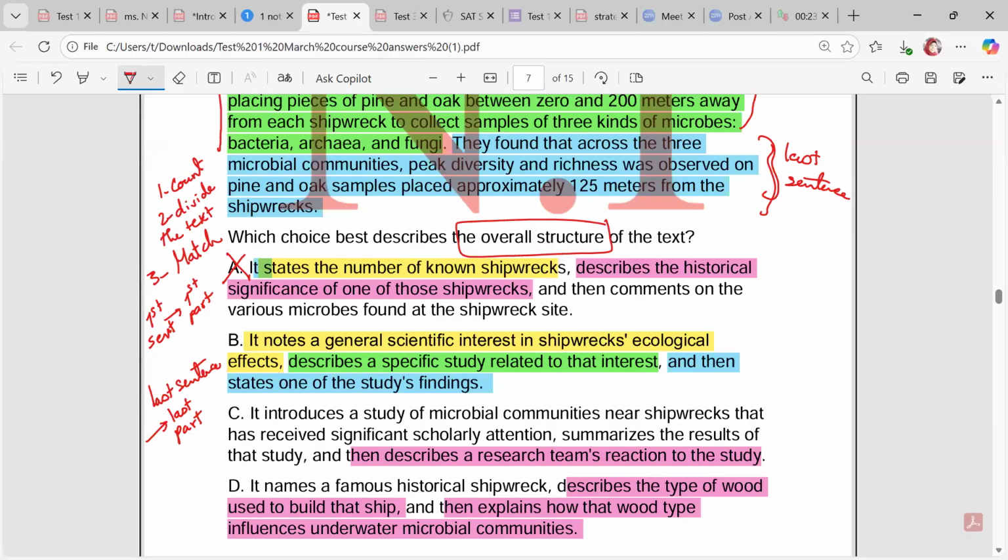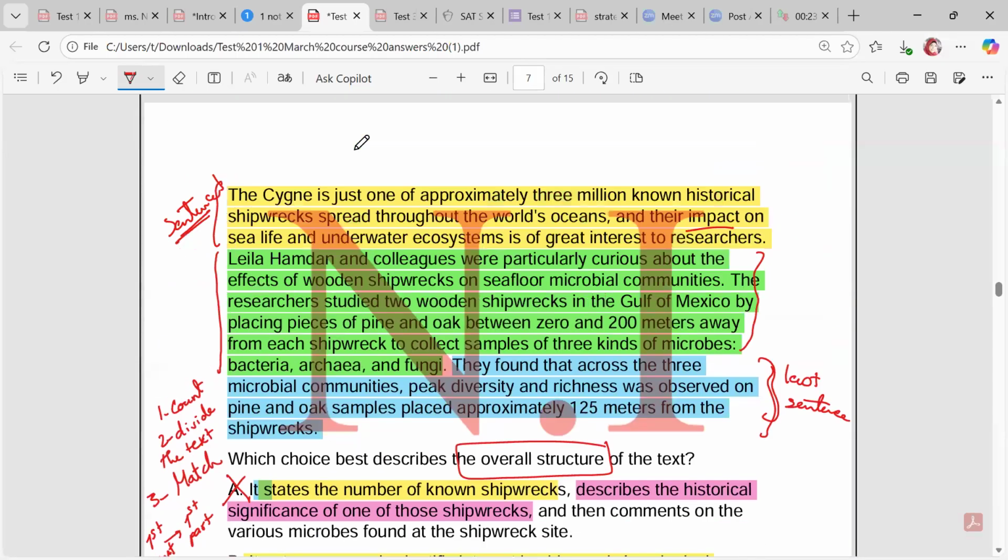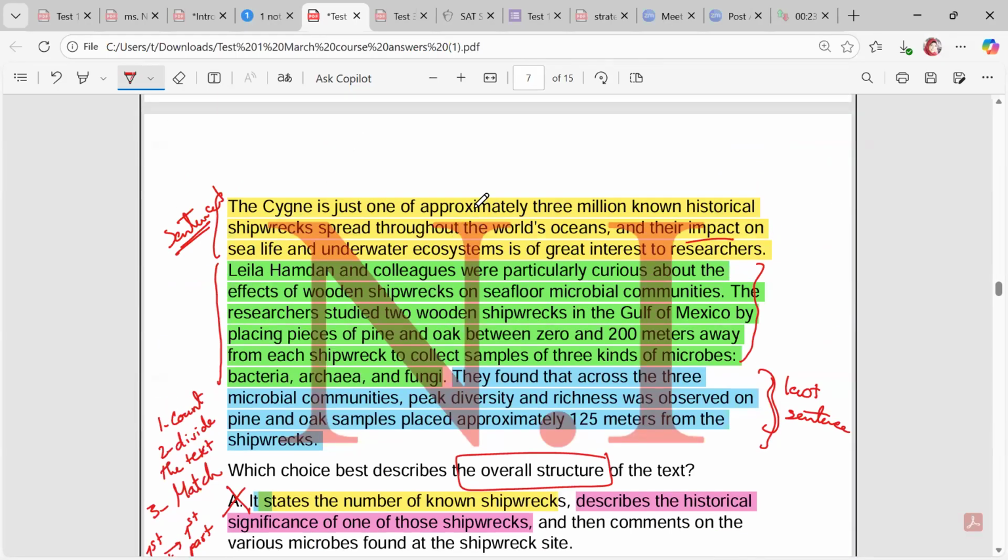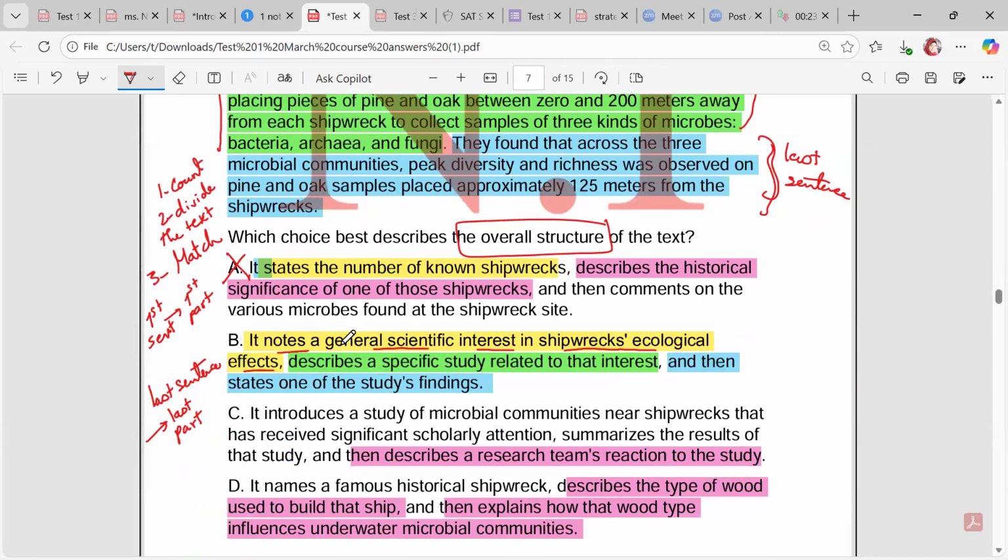Next, it notes a general scientific interest in shipwrecks' ecological effects. Maybe it's a general interest in shipwrecks. Okay, maybe it introduces a study of microbial communities near shipwrecks that has received significant scholarly attention.